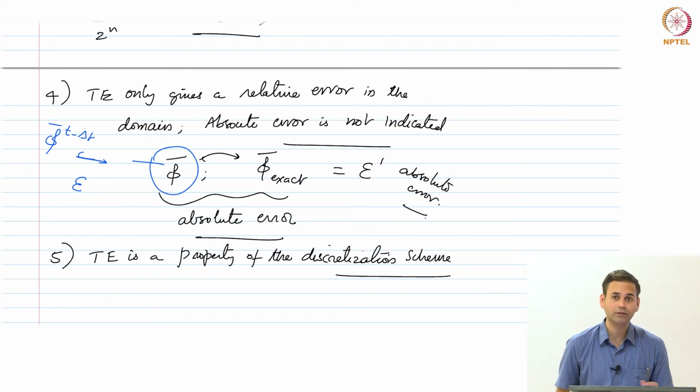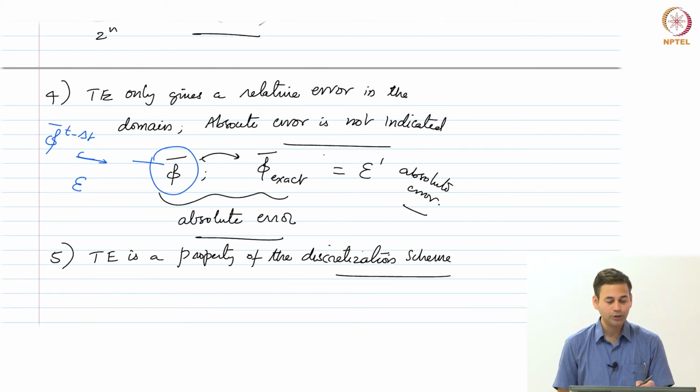If you realize that this epsilon 1 is much larger than what you had anticipated, you would either go back and change your cell size, make it smaller, reiterate, converge to some value and compare again.